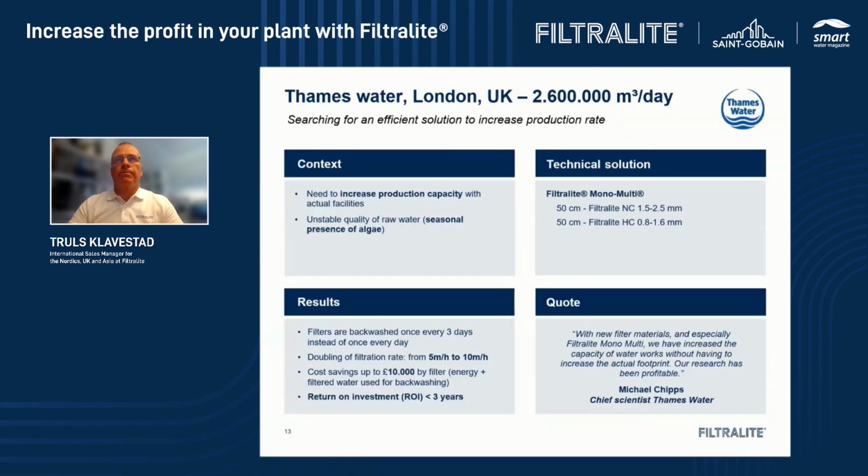I mentioned earlier, Thames Water, they had really big problems. Thames Water is 13, I think it's 13 or 14 different plants around London. And all of these plants in the past used to be with sand or a combination of sand and anthracite.